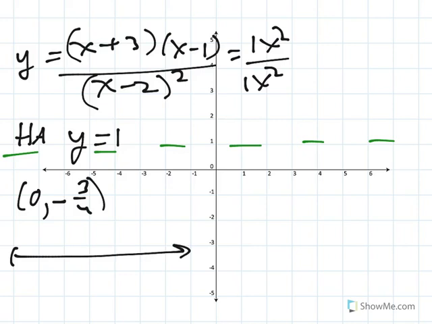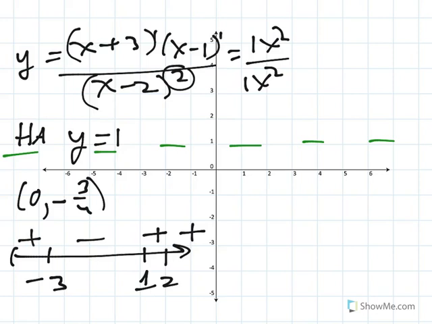And the sign chart is really useful. -3, 1, 2. Plus, the -2 has a square, so it's still plus, but these both have odd exponents, so it starts to alternate. This gets a 0 and a 0 because they're in the numerator, and an undefined in the denominator.